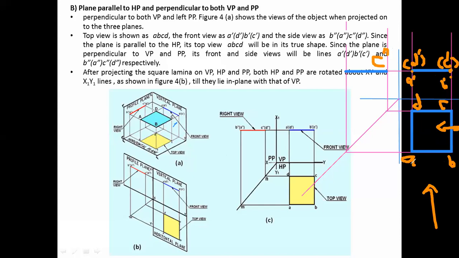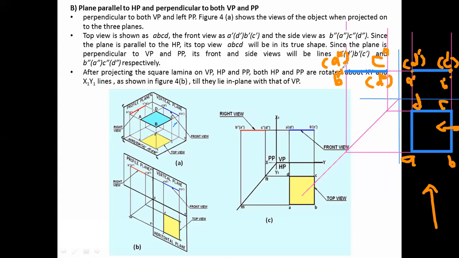First of all, we'll start with A. A will come here, but A is on the back side, so it will be in brackets, A double dash. Then B. B is in front, but coinciding with A, so it will come here, B double dash. And C we have already written, and D like this.